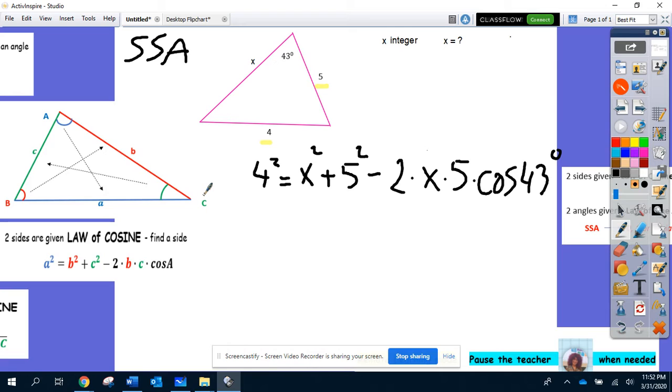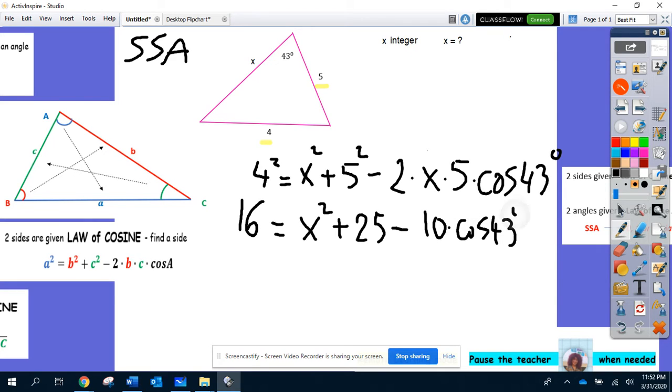So 4 squared is 16, equals x squared plus 25. We calculate the powers first. Here I can calculate this multiplication, so 2 times 5 is 10. Then I will write the cosine of 43 degrees because it's a number, and then times x.